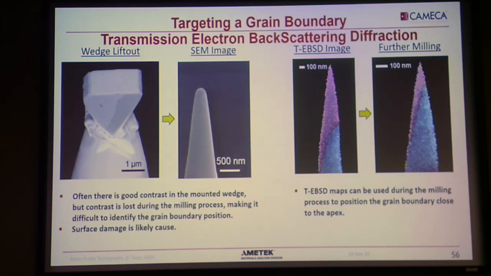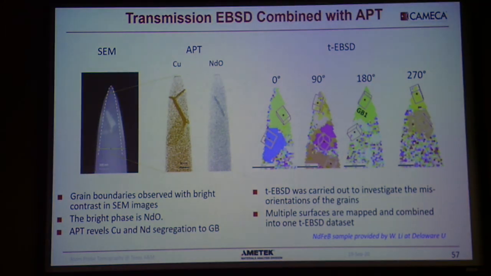In this case here, we do have the SEM picture that we correlate with the atom probe reconstruction. You have a system that contains some copper and aluminum oxide. So you have grain boundaries here.